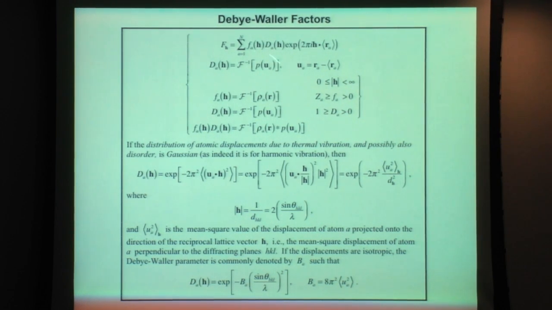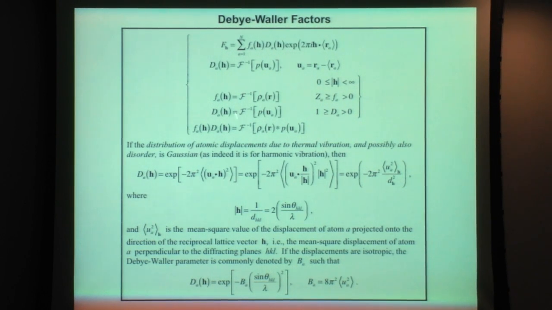So this Debye-Waller factor, what is it? We know that the atomic scattering factor is the Fourier inverse of the atomic electron density distribution. We just spent a lot of time talking about that this morning, and we had talked about it the other day too. So the atomic scattering factor has at most a value of the atomic number of atom A, and in principle it could fall all the way to zero if we could measure out to high enough resolution. It will get very small at high resolution.